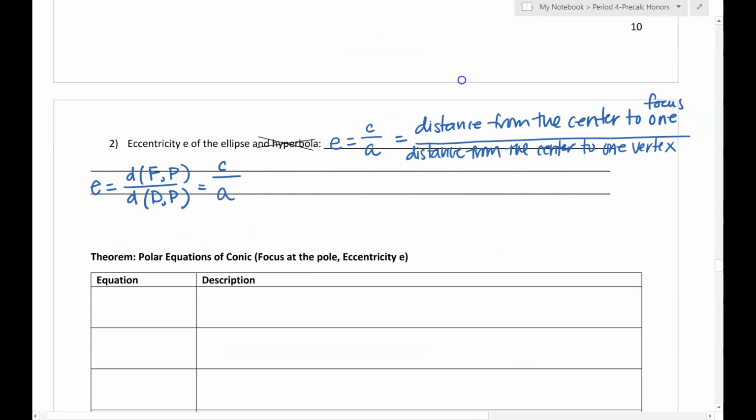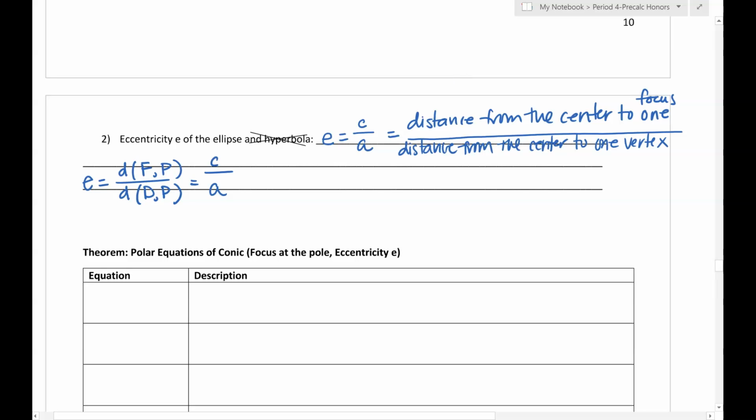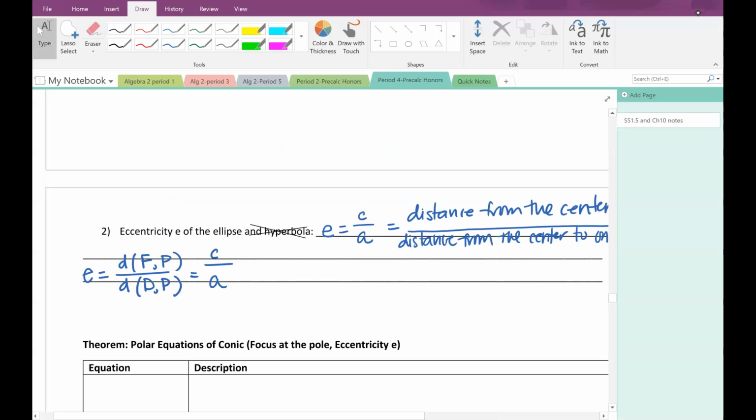Now let's finish up this definition. Earlier we had this definition from above. We can do some algebra manipulation to get a few more definitions out of it. The first thing we can do is cross multiply.